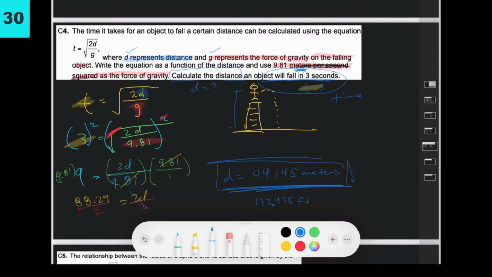This thing, 132 feet. And that's like 13 floors. But here's the crazy thing, it is only taking 3 seconds to fall down. That does make sense, because if you're on the 13th floor and you drop a penny, it's going to go pretty fast.